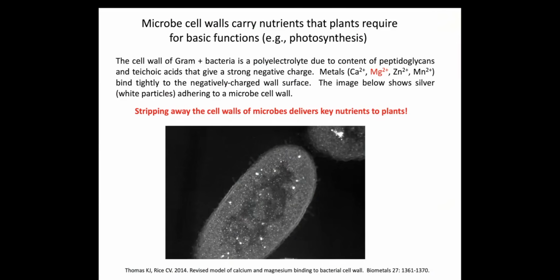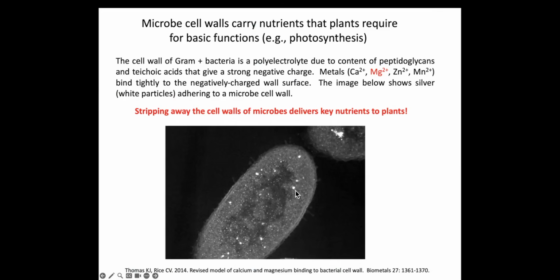Well, the nutrients, we think, are carried, at least some of the nutrients, on the cell walls. And bacterial cell walls, you imagine in the soil, the cell wall has little ports on it, little binding sites where metals and things can attach. And that's what happens.